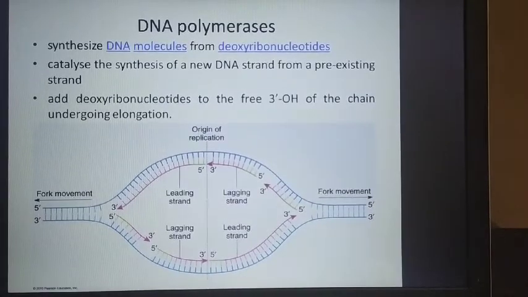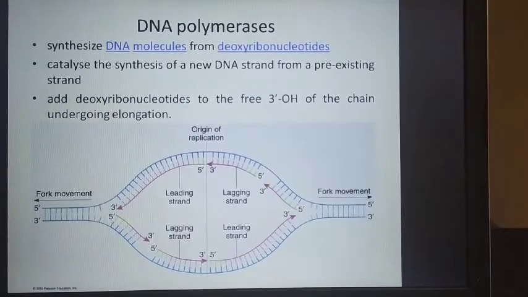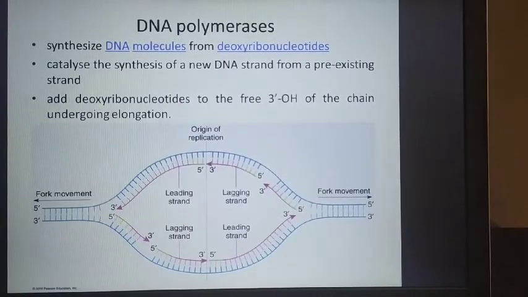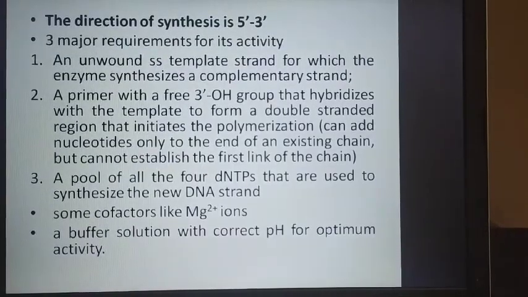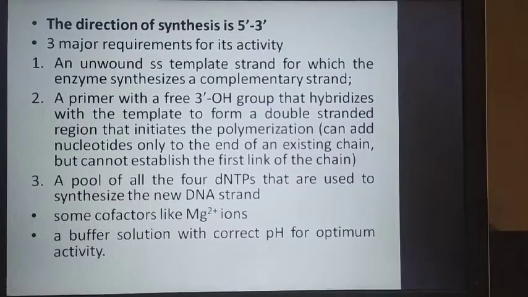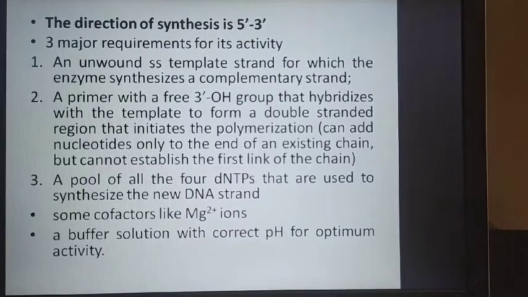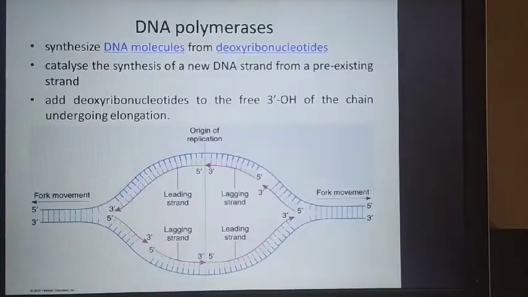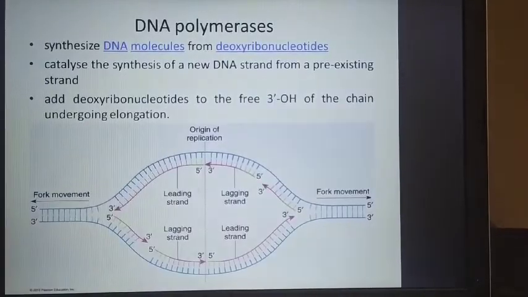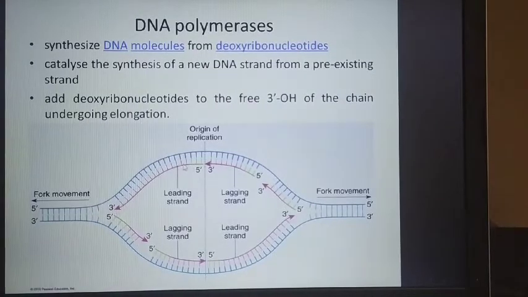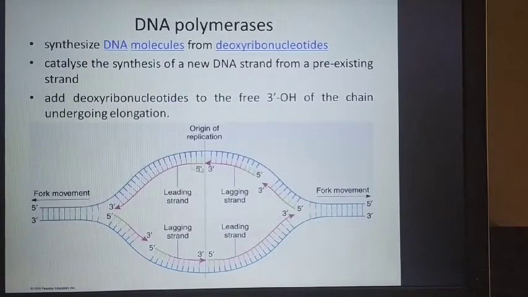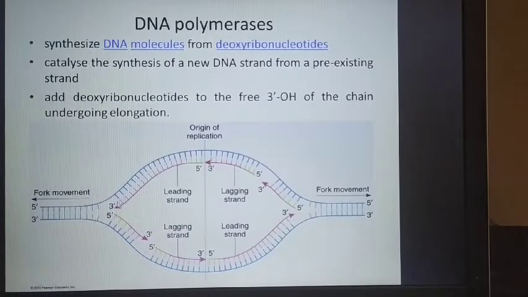But here there are some requirements. We will go to them and come back to the slide again. First of all, the DNA polymerase activity always proceeds in the 5' to 3' direction. You can see here, this is the new strand which is synthesized, and the strand synthesis takes place only in the 5' to 3' direction.